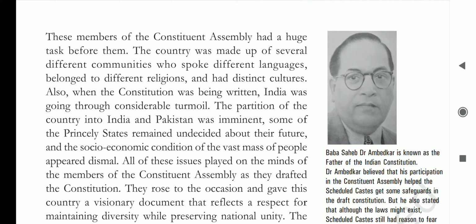They did not know whether they wanted to join Pakistan or India. Some of them wanted their princely state to be a country. All these problems were there, and they had to keep all these things in mind while writing the constitution.